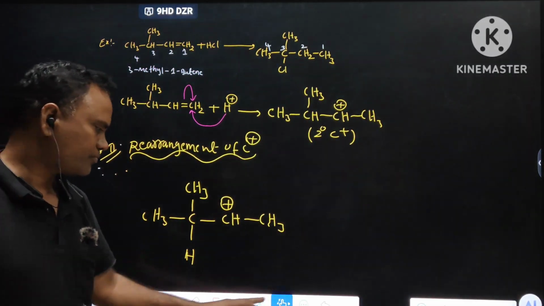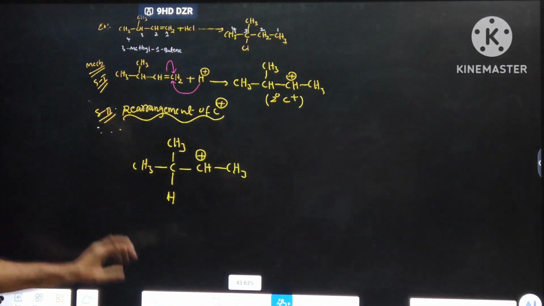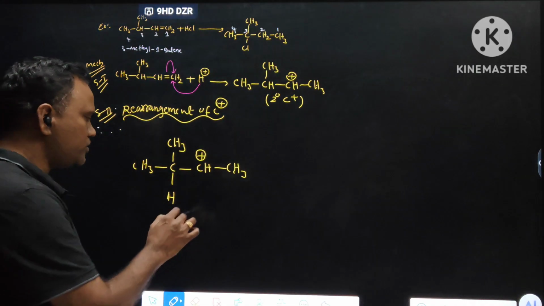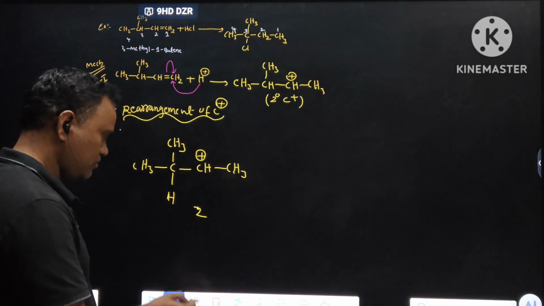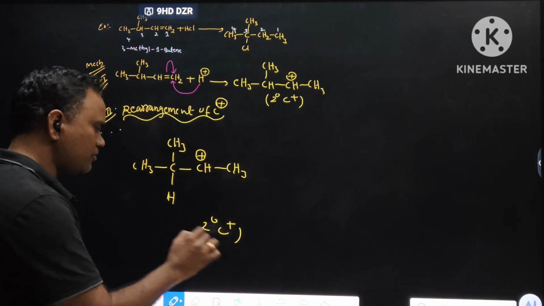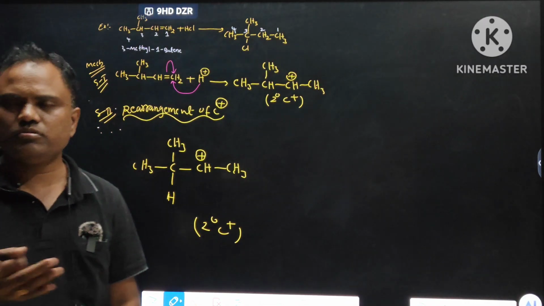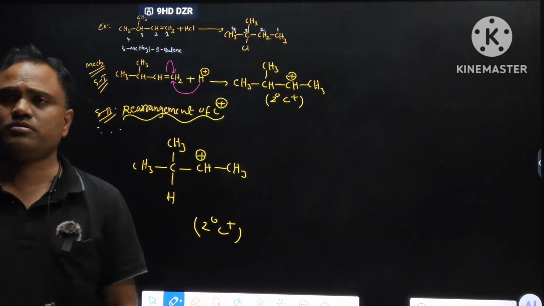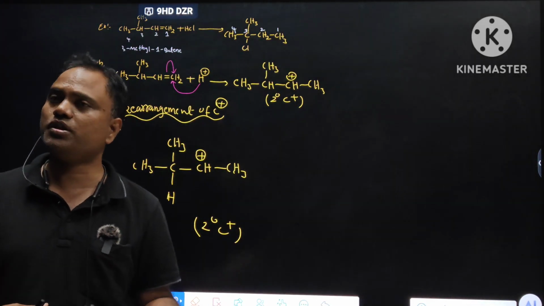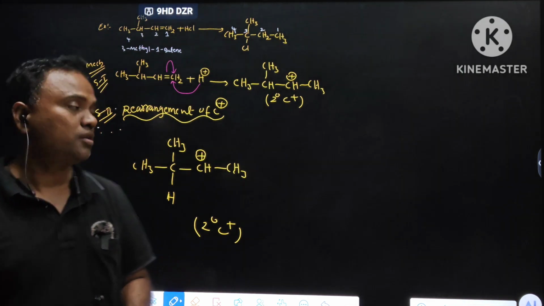See, this is a 2 degree carbocation. You know the degree of carbocations, the order. 3 degree carbocations are more stable than 2 degree. 2 degree are more stable than 1 degree. Clear?